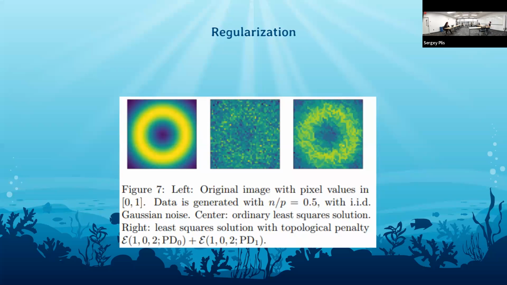OLS. So we have the left, which is our actual image. And then all of our samples are noisy representations. We basically have a noisy sampling of this circle. And then what we're trying to do with OLS is reconstruct that input sample, the noisy representation of the image.